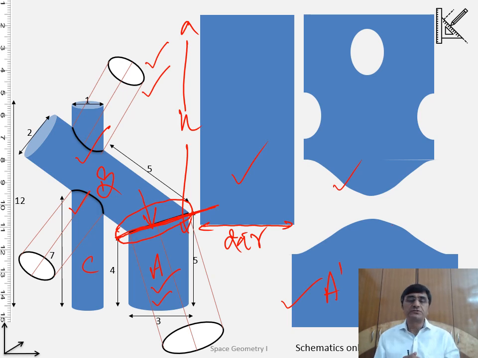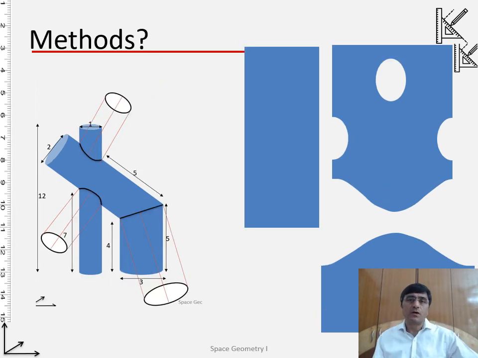Now what we observe in all these things, we are doing a couple of things, and all these things we have to study now. So let us see what are the methods which we will be utilizing in order to realize this. Because right now I just gave you a problem and you started thinking about it, and I told you also that I'm just showing you the schematic.